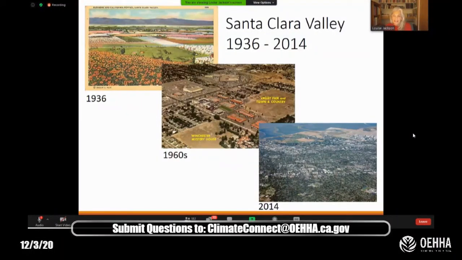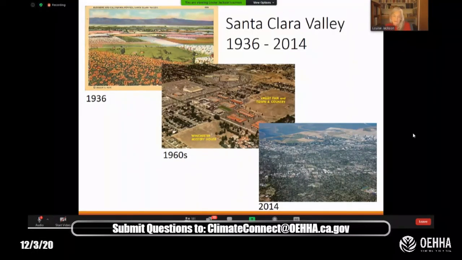Then moving through 1960, where a huge rate of progress was made in creating subdivisions and shopping centers till 2014, when we see a pretty much ubiquitous urban environment. I grew up here in the 1950s, and it has some resemblance to 1936 with small farms where you could buy vegetables and fruit crops right next to your home.